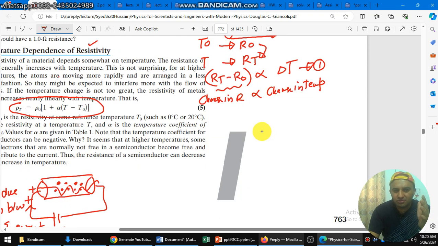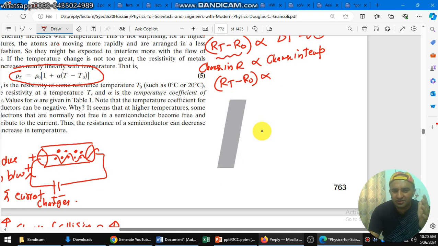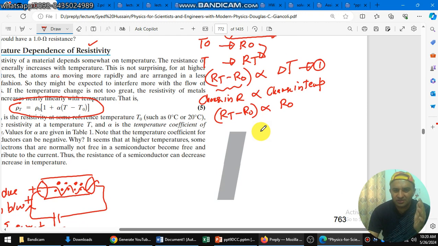Now, the change in resistance RT minus R naught also depends on the initial resistance. If the initial resistance is large at 0 degrees Celsius, the change in resistance must also be large. This is equation number 2.